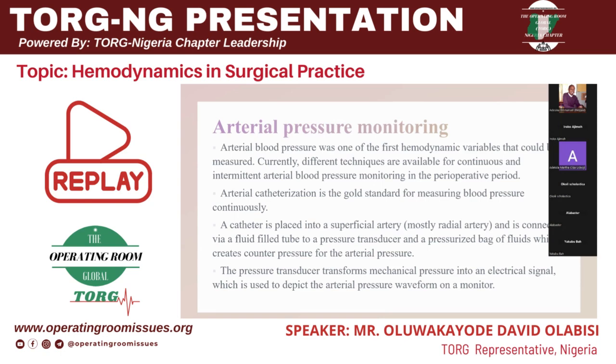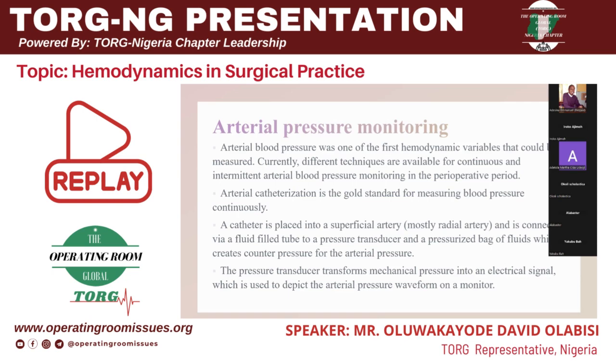It can be the brachial artery, or it could be the femoral artery, and is connected via a fluid-filled tube to a pressure transducer and a pressure bag of fluid, which creates a counter pressure for arterial pressure.